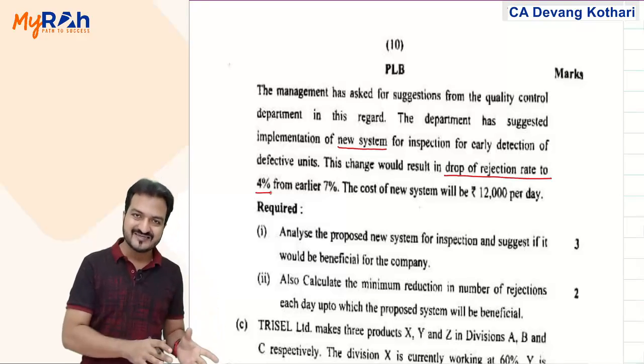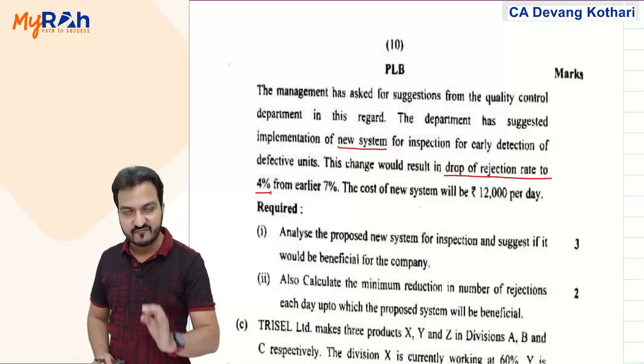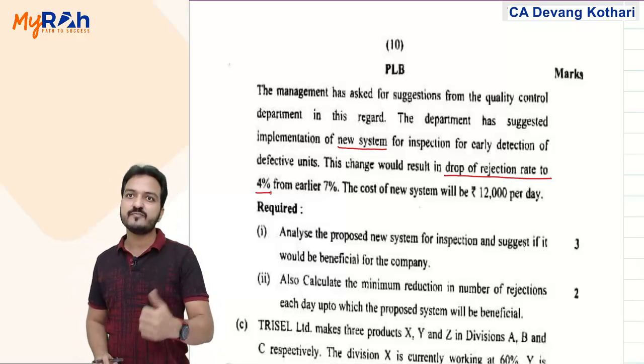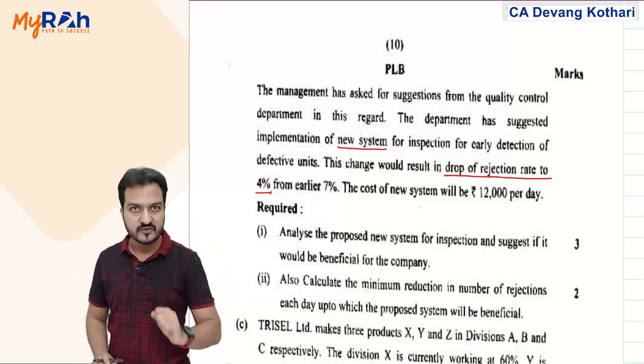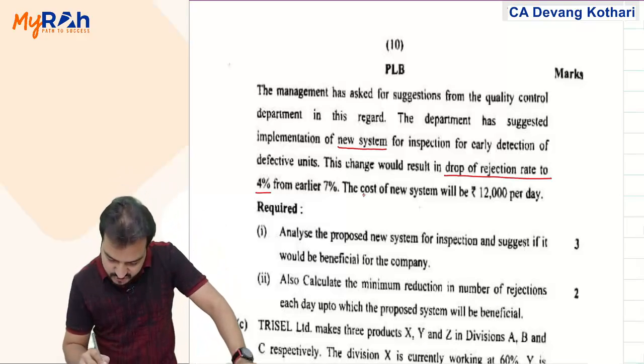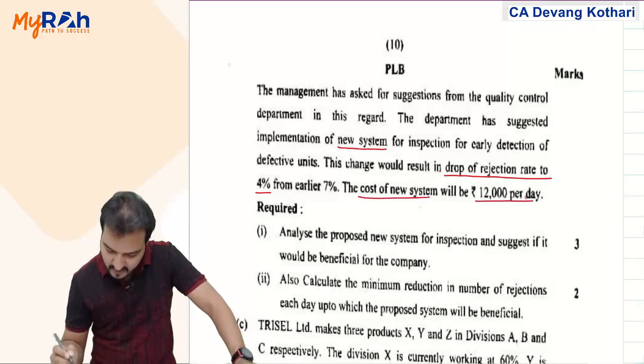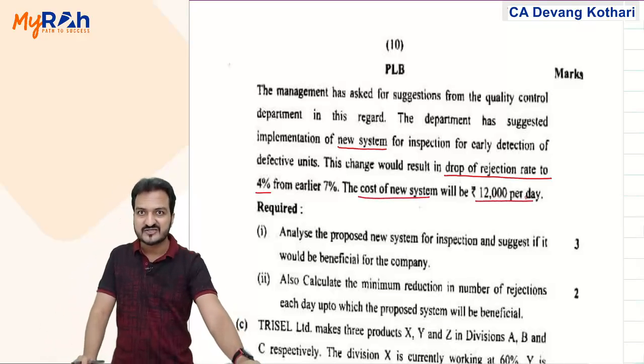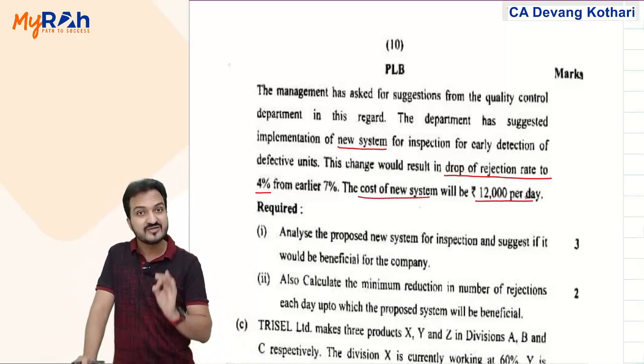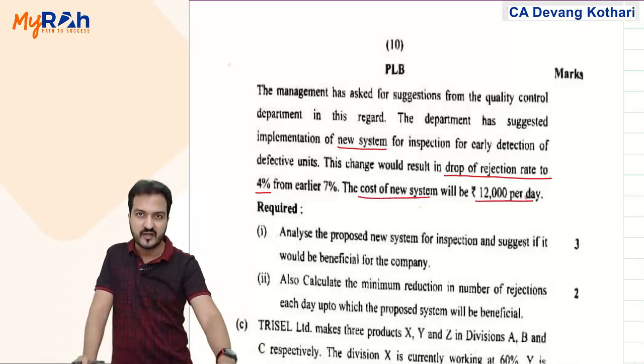So in my present system, rejection rate is 7%. Proposed system, rejection rate will become 4%. But the cost of new system will be 12,000 per day. So you notice everything given in this question is given in terms of per day.